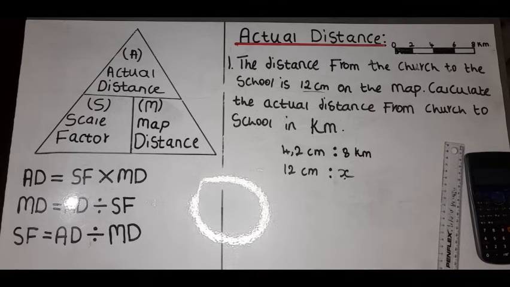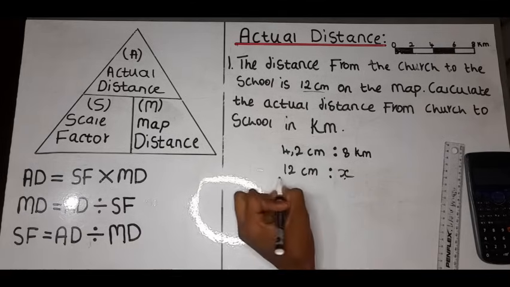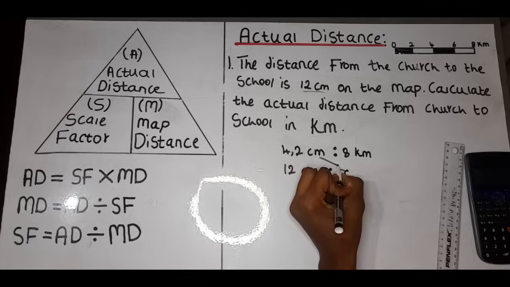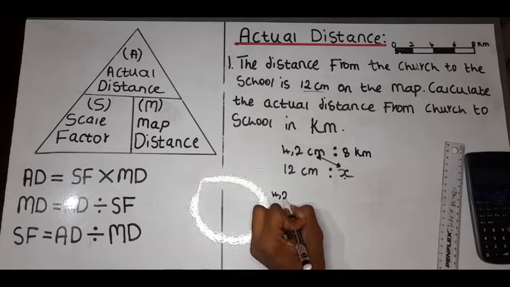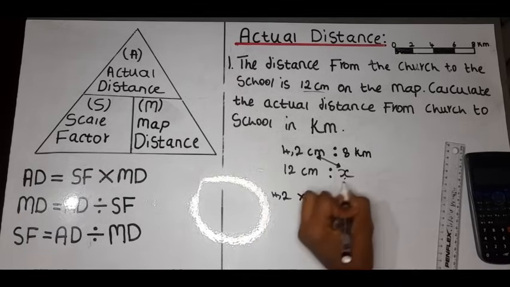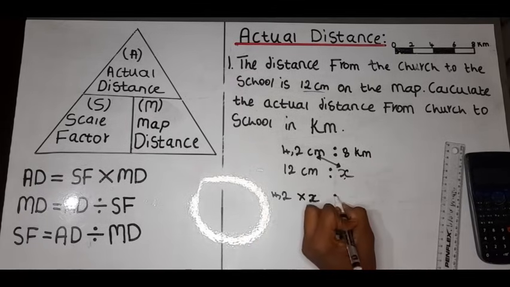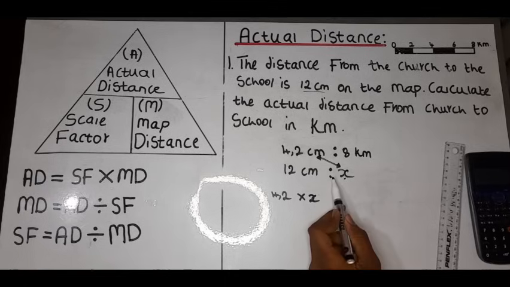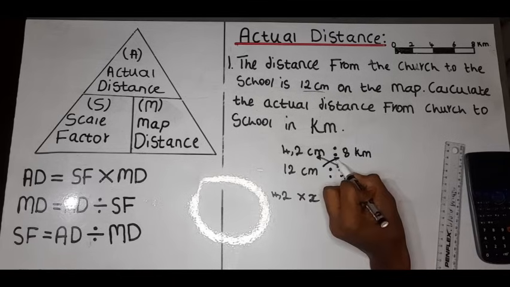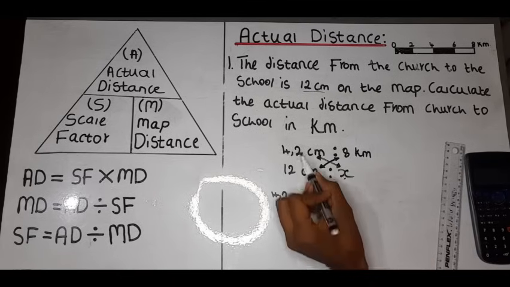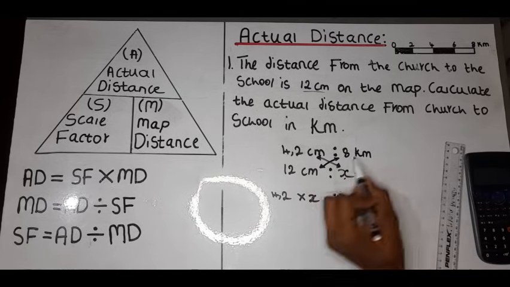So this means that we are now solving for x. So we do what we call the cross multiplication method. We cross multiply. So you're going to say 4.2 multiply by x is to 12 centimeters multiply by 8. We cross multiply: 4.2 multiply by x, 12 multiply by 8.